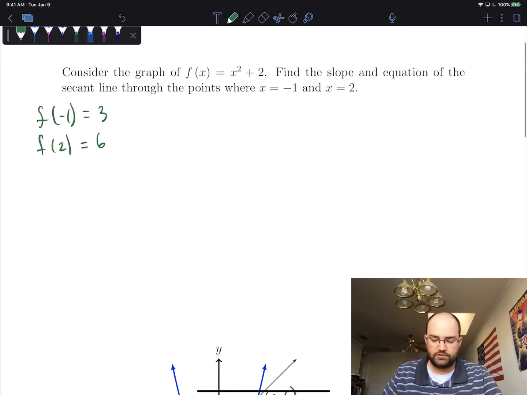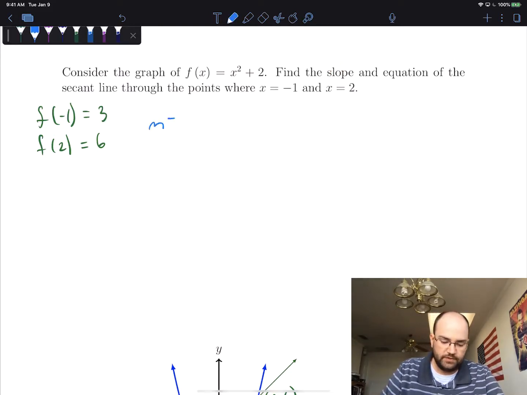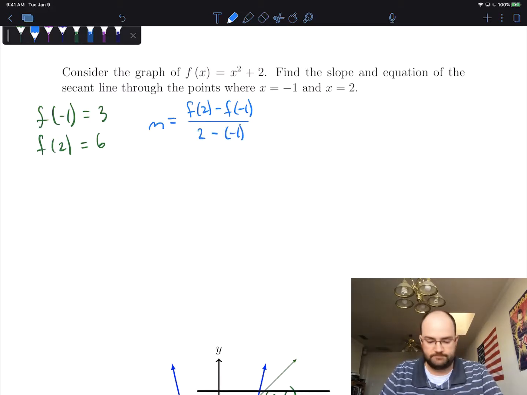So the first thing we want to do is just find the slope of the line, and that's really all it is. So m in equation format would be the second y value minus the first y value all over the second x minus the first x.